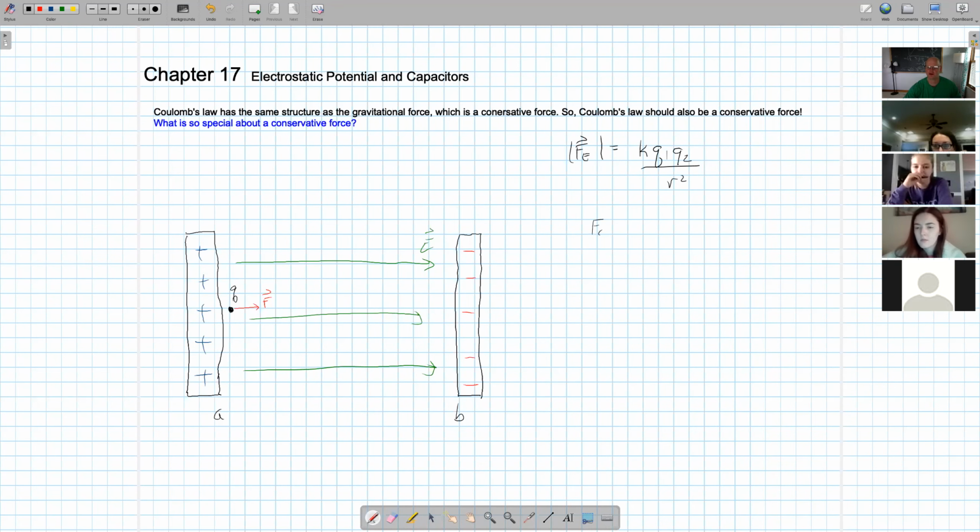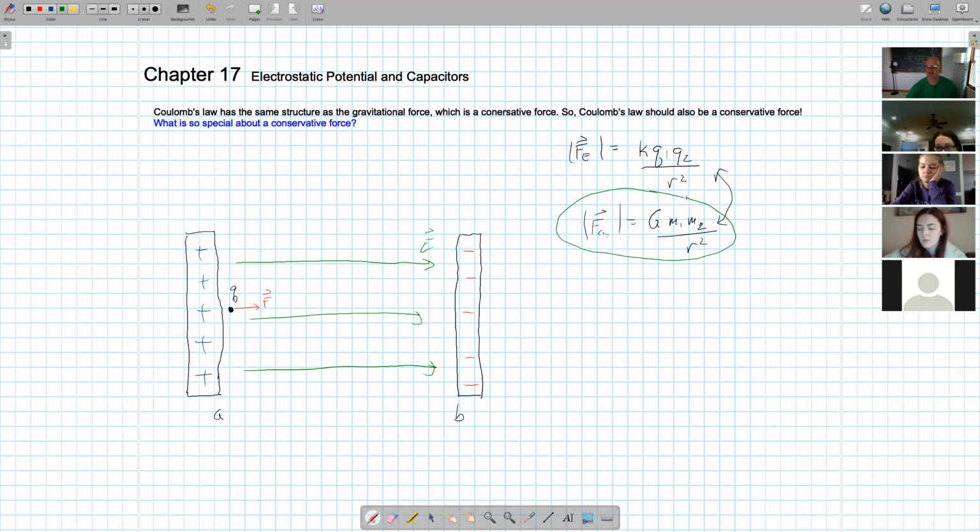Remember that Coulomb's law says that the magnitude of the electric force is equal to the electric constant times charge 1 times charge 2 divided by r squared. Compare that to the gravitational force, which is Newton's gravitational constant times mass 1 times mass 2, all divided by the distance squared. Note that these two have exactly the same structure. What's important about this is that the gravitational force, which we know from 175, is actually a conservative force.